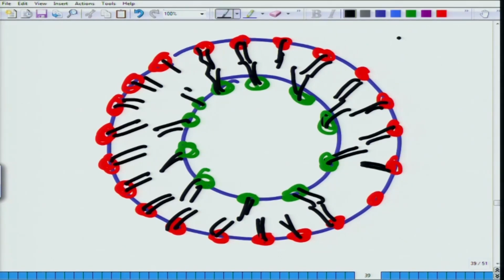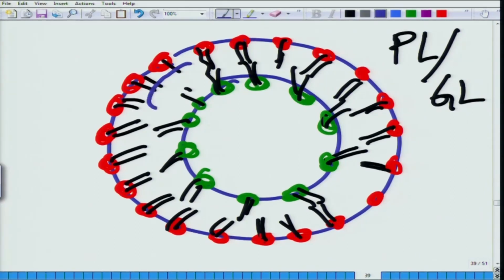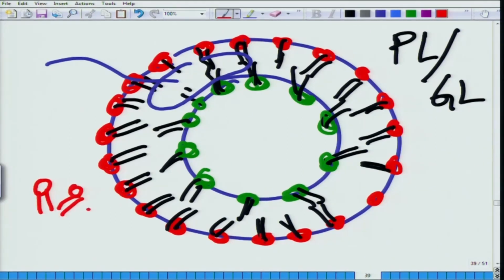This is the tendency of these phospholipids and glycolipids to form like that, because their hydrophobic chains are very bulky, and they prefer to form a bilayer structure instead of a single layer micellar structure like this, which I was showing you just a couple of minutes back.